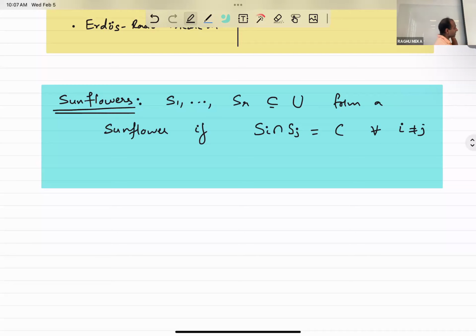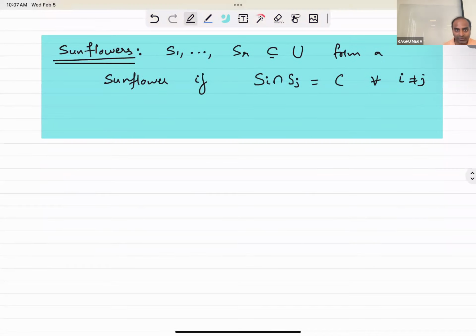Okay, so there is some set C such that all of the pairwise intersections are exactly that set. In fact, they all have to be equal. That's the main constraint. Okay, so if your sets are disjoint, it's a sunflower. If they just contain exactly one element, it's a sunflower, and so on.